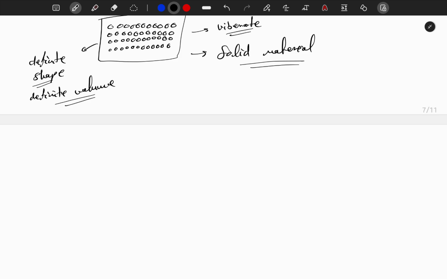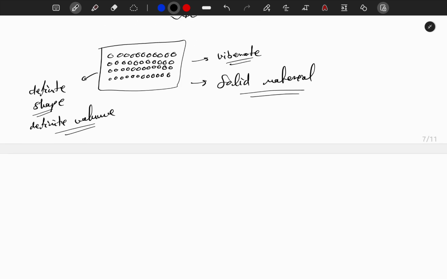Okay, so we get repetitive patterns of the atoms in solids. This repetitive pattern of atoms is called a crystal. We will discuss in detail what a crystal is later, but we can say that a crystal is a solid that is composed of atoms and other microscopic particles.